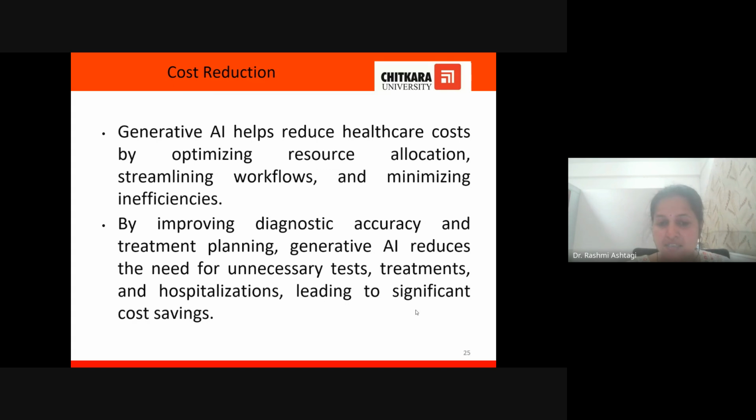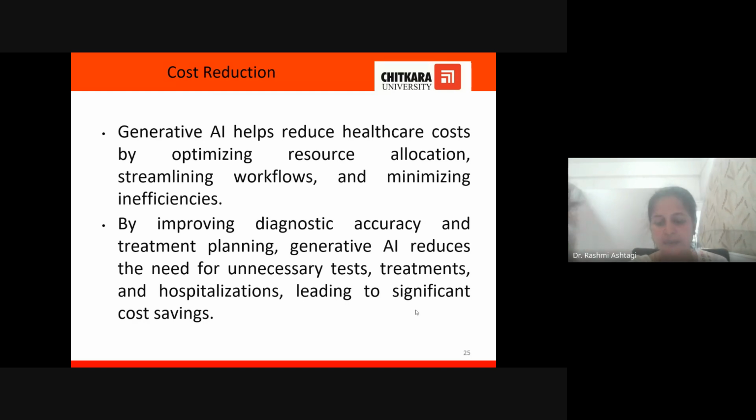It will help improve the diagnostic accuracy, treatment planning, and reduce the need for unnecessary tests. Like if you go to a doctor now, before doing any checking, they will say, see, this is a list of tests, get it done, and then go inside to the doctor and get checked.